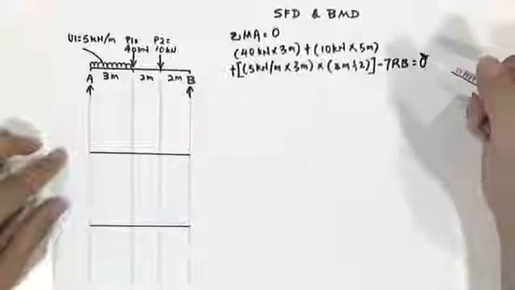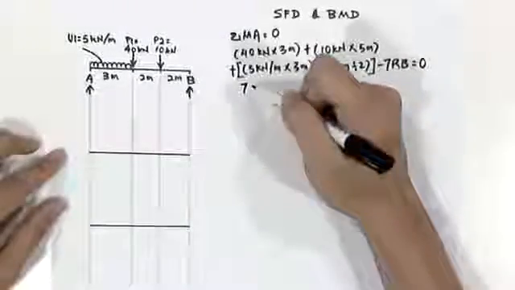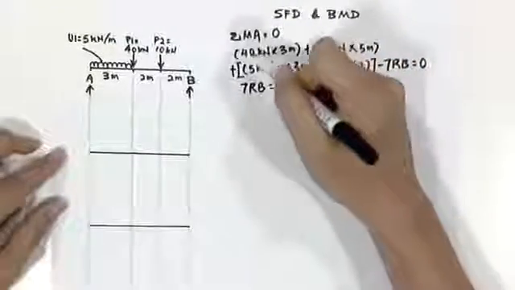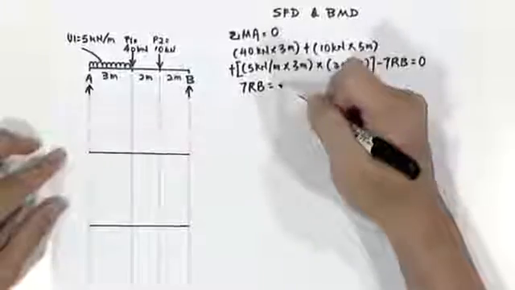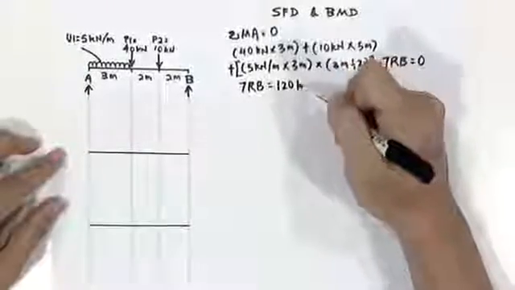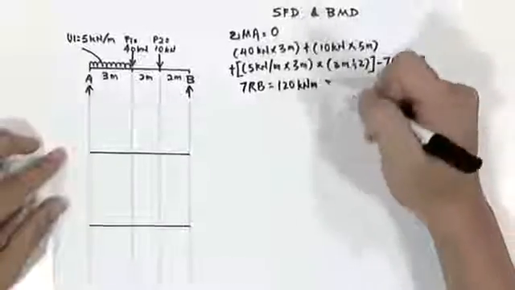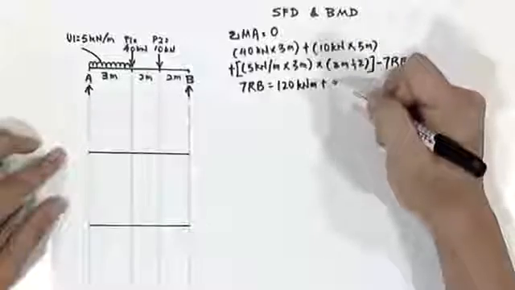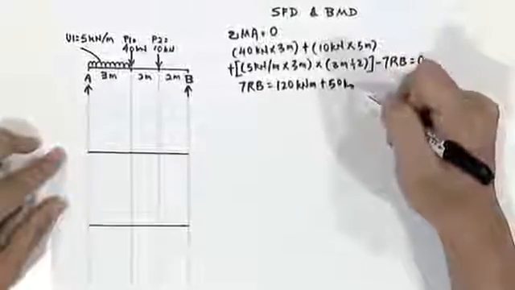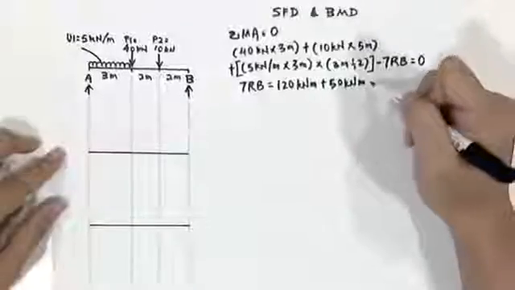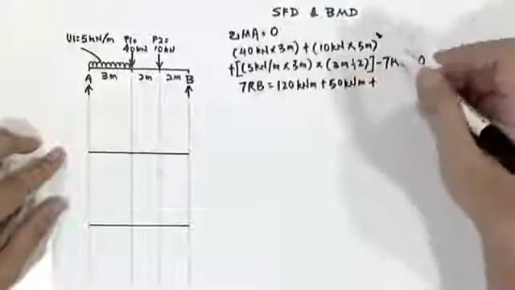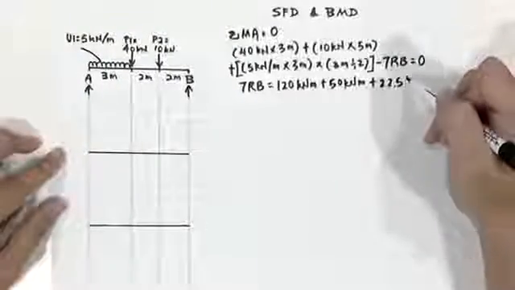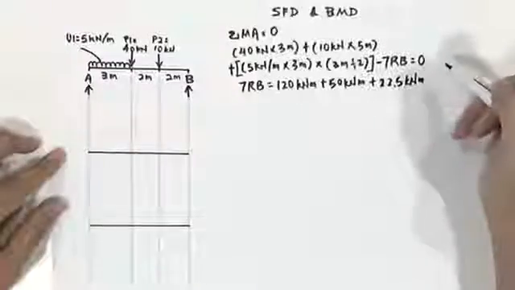So we rearrange the equation in a way that 7 RB equals to 40 times 3, which is 120 kilonewton meter, plus 10 times 5 meter, which is 50 kilonewton meter, plus 5 times 3 times 3 divided by 2, and if you sum up all this, it will equal to 192.5 kilonewton meter.